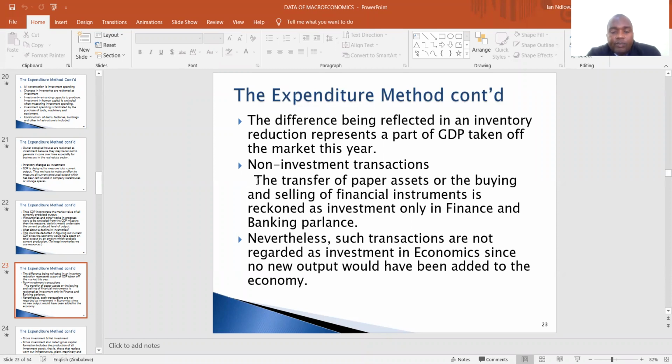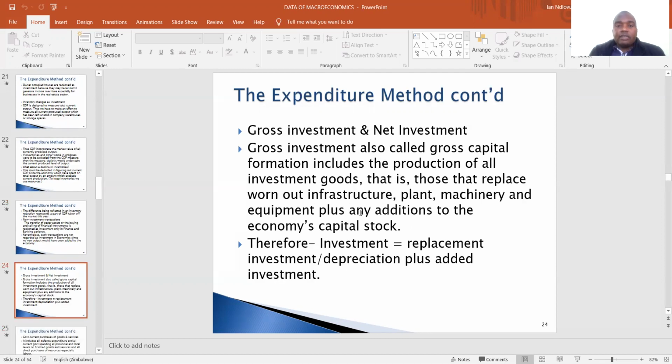This is not to understate the importance of such transactions in facilitating or lubricating economic activities, just to make sure that we stay focused and stick to what we are really measuring when we are trying to figure out these different national income aggregates.